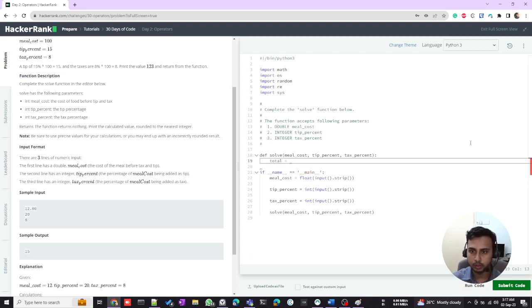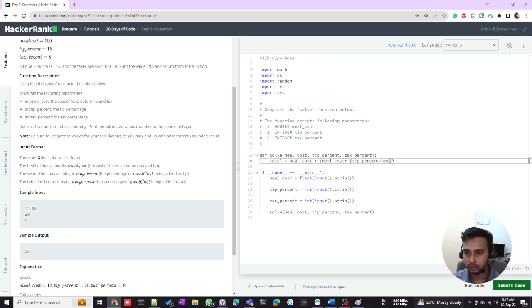Total should be the meal cost, plus the meal cost multiplied by the tip percent, where we need to divide the percent by 100.